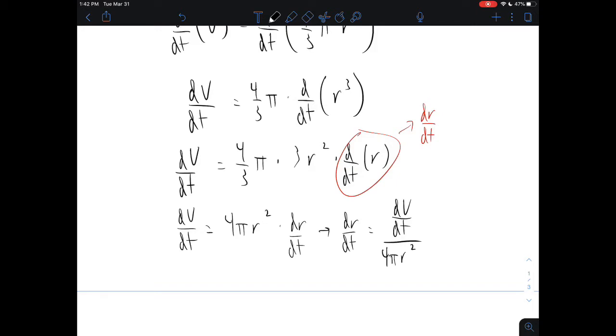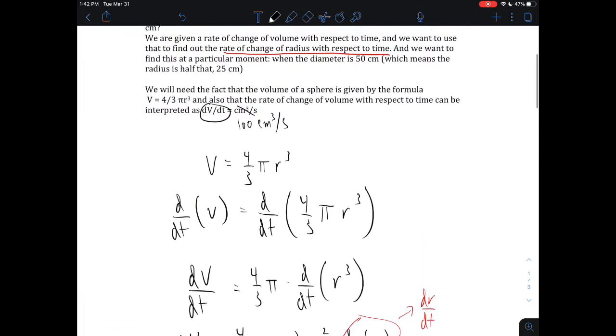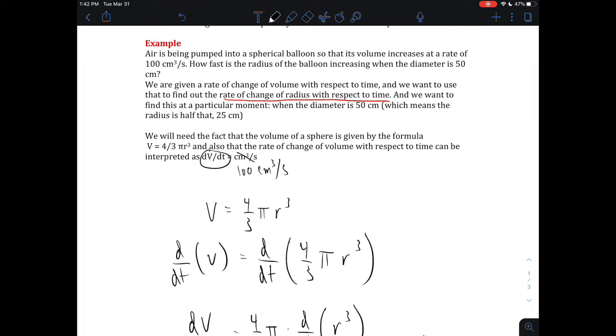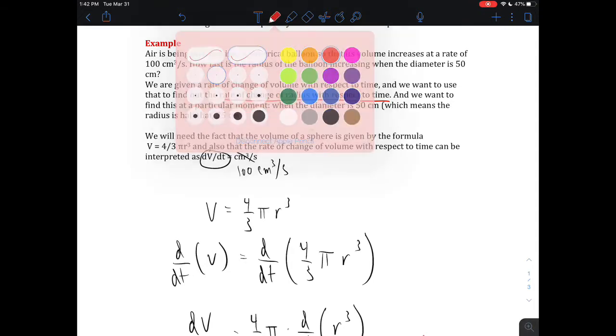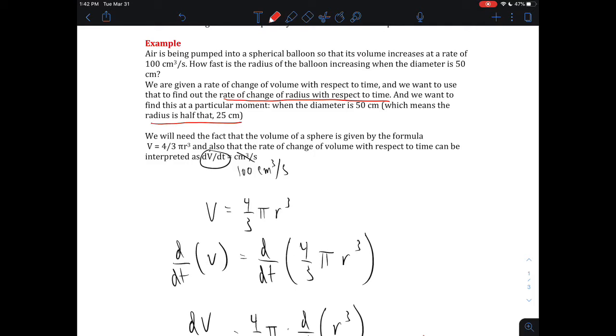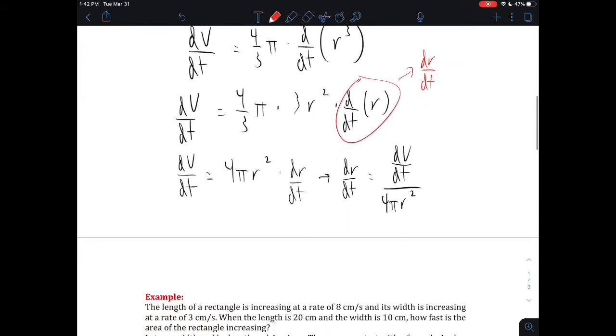So now to get a numerical answer, which is what we want, we can now use the fact that dV/dt is 100 cubic centimeters per second, and we can also remember that we wanted to do this when the radius was 25 centimeters. So I'm just going to plug in 25 for radius and 100 for dV/dt. So 100 cubic centimeters per second divided by 4 times pi times 25 centimeters squared.